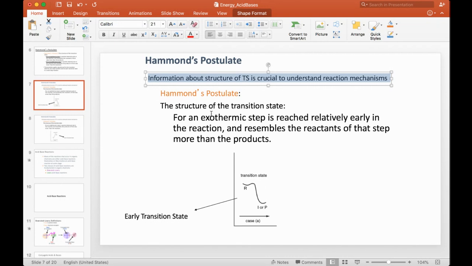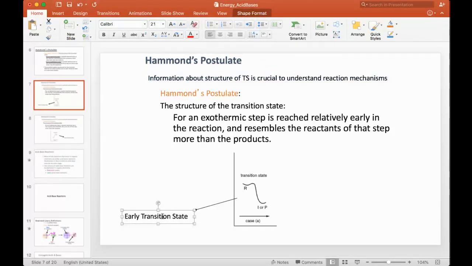Okay, so that's what that is telling you. So for any, and obviously this is an exothermic step, in any exothermic step, you will have an early transition state. And in an early transition state, the structure of the reactants resembles the structure of the transition state.